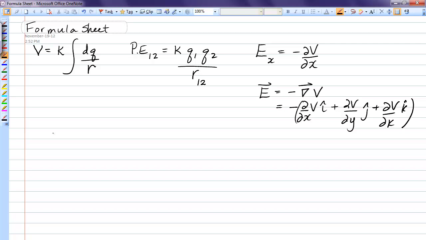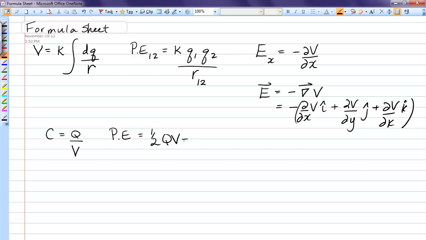For chapter 26, which is all about capacitance, there's just the basic definition of capacitance, which is the charge divided by the voltage on any capacitor. If you're calculating the potential energy stored in a capacitor, you have the choice of 3 formulas.